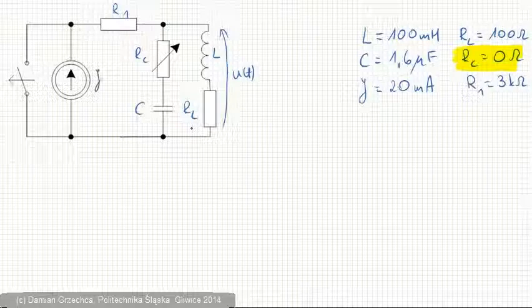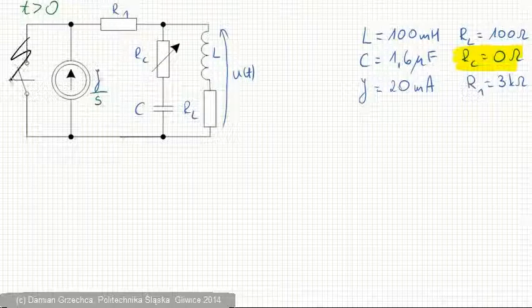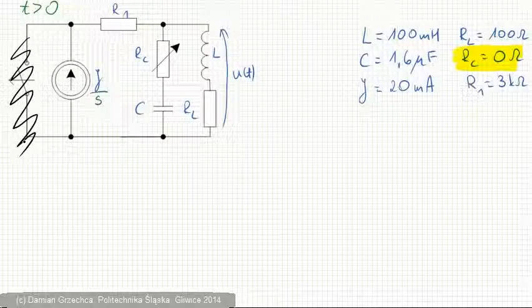We must convert the whole system into S-domain, and after opening the switch, the current source creates a step function. In S-domain, the step function is converted into J over S. Remember, the S-domain creates a circuit for time greater than 0, so after the switching event in S-domain, we can neglect the left-hand side branch because it creates a gap, so the current flows in the right-hand side direction.